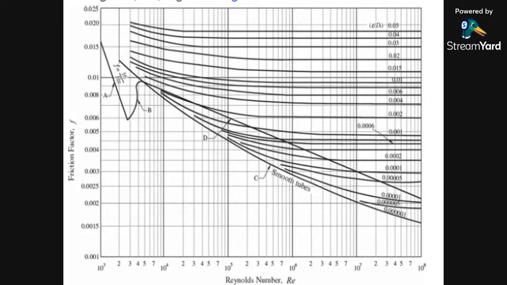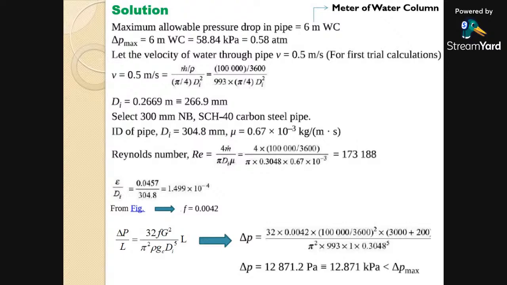This friction factor will then in turn be utilized for the Darcy equation. Okay, we are having the Darcy equation here. This is the last one, Darcy equation, to determine the pressure drop in a pipeline. It is the pressure drop per unit length, and this pressure drop is in terms of friction factor only.